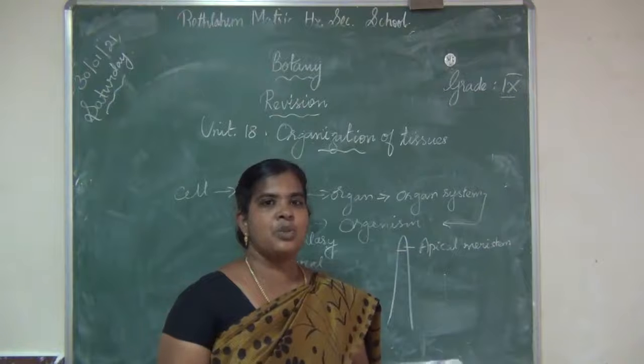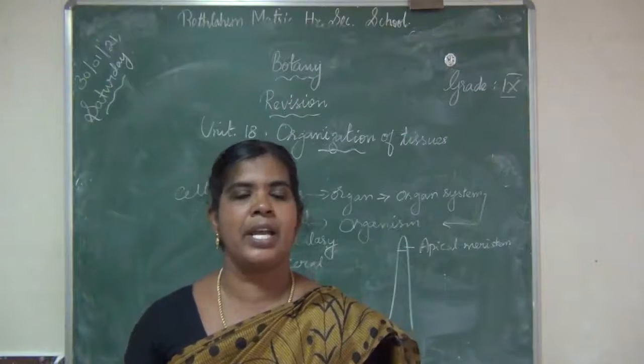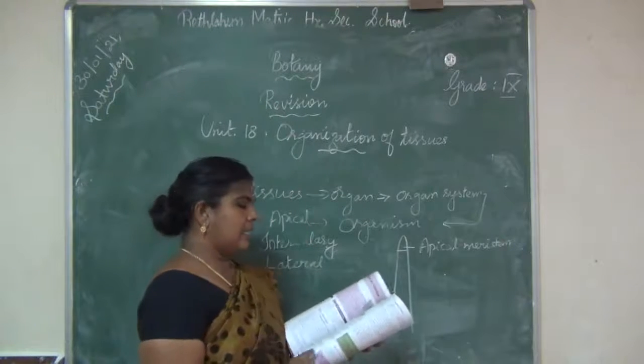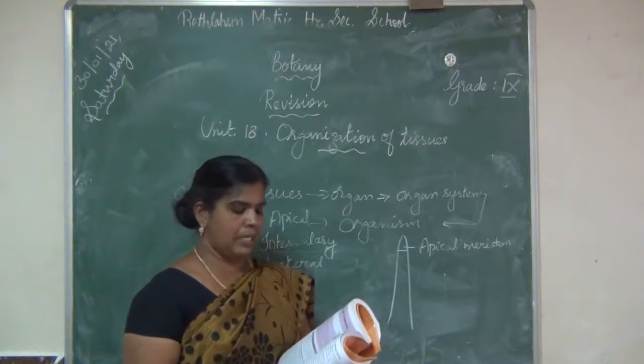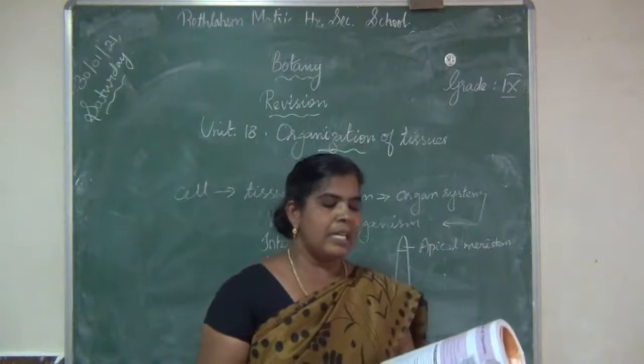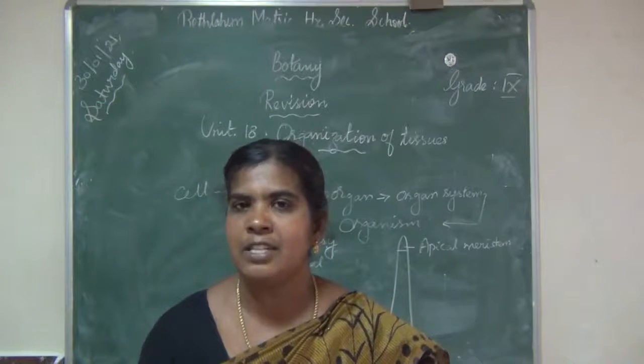Permanent tissues are of 3 types: parenchyma, collenchyma, sclerenchyma. This intercalary meristem is present in between the regions of permanent tissues, and it is especially found at the leaf base or on the base of internode. So what do you mean by internode?